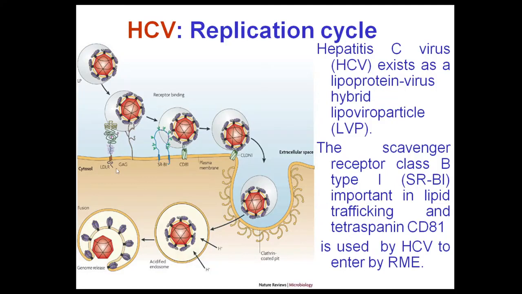The scavenger receptor class B type 1, which is a molecule important in lipid trafficking, and the tetraspanin CD81 are used as receptors by hepatitis C to enter the host cell.